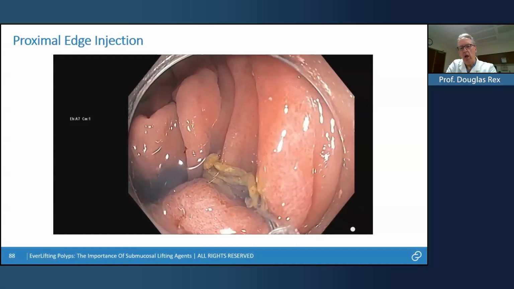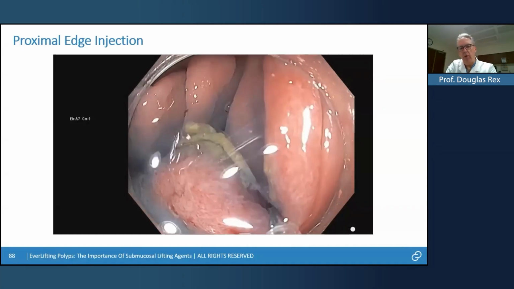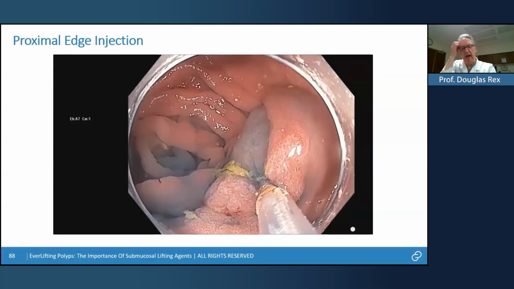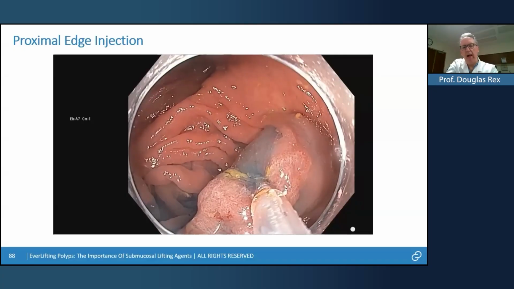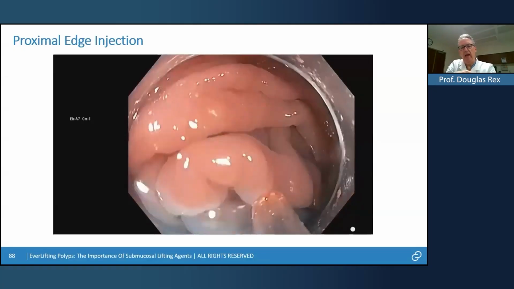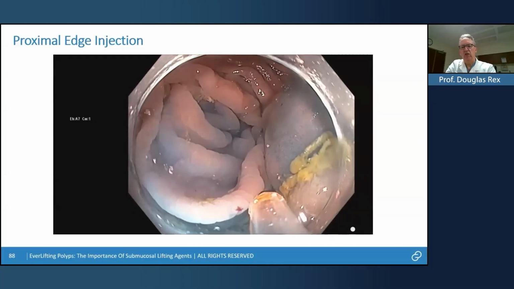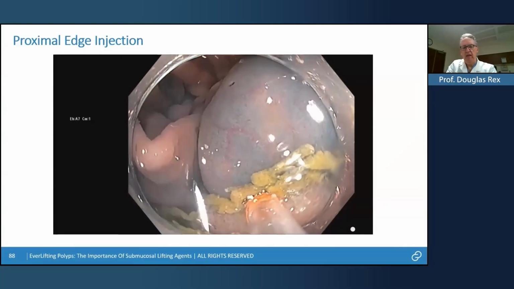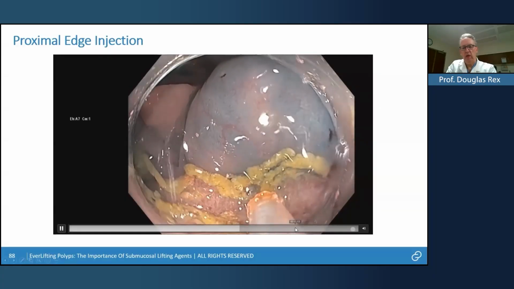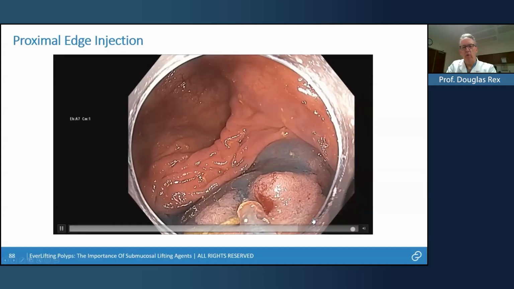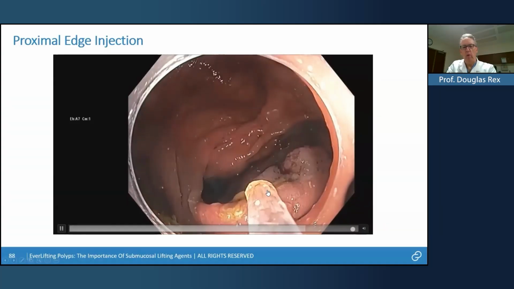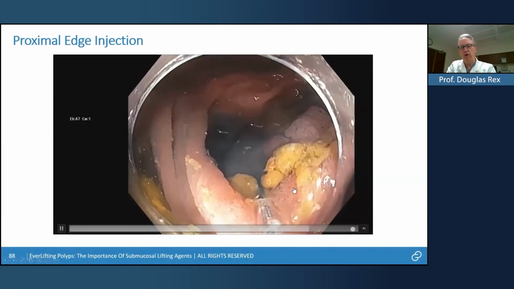And if you get a little bit of a mound of fluid starting to build up and pushing that edge up, then you can follow that initial mound down around the proximal edge, the cecal side edge of the lesion, and be able to inject well. But you'll see here as we do that, as we move from right to left, there's a significant amount of polyp that was hidden. That's kind of useful for us to be exposed.